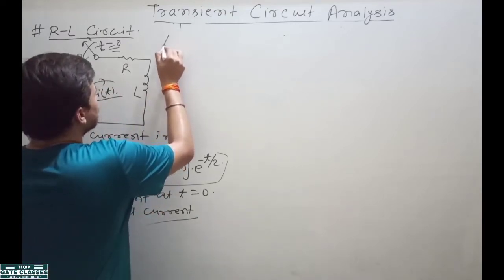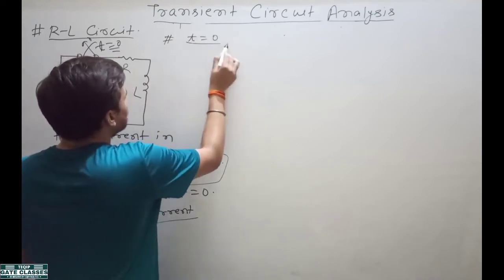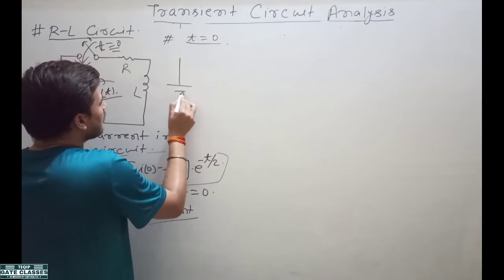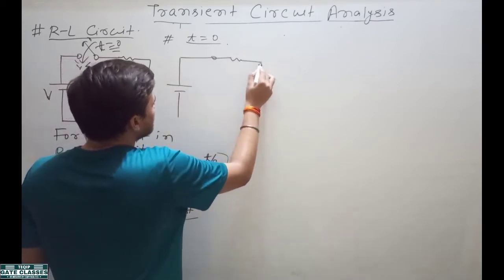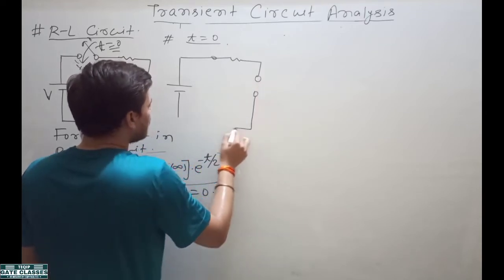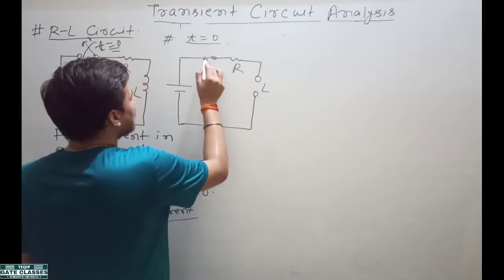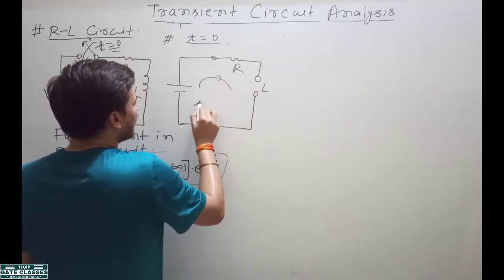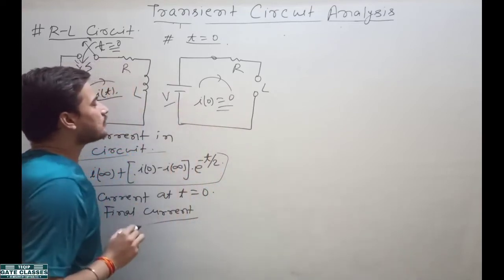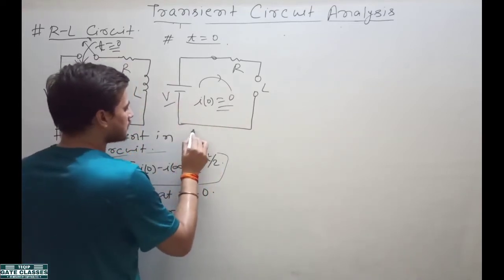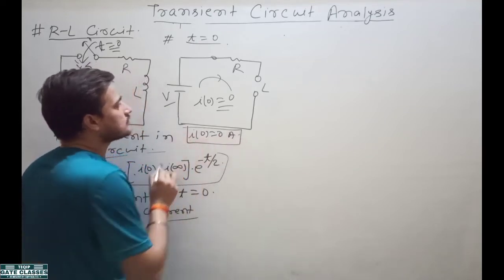First case, t equal to 0. When the switch is closed, the resistor is connected in the circuit, but the inductor will behave like an open circuit. So I0 will be equal to 0 ampere.